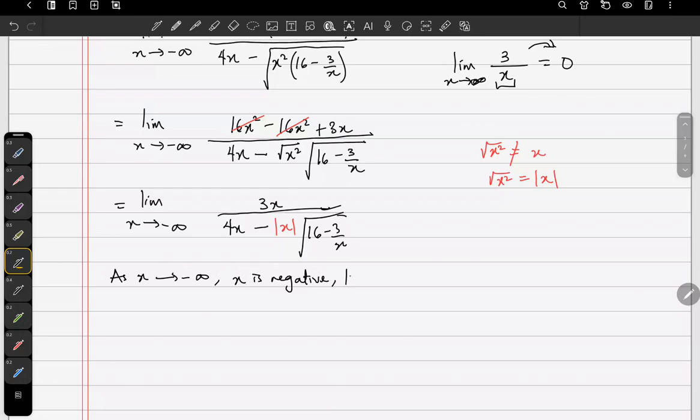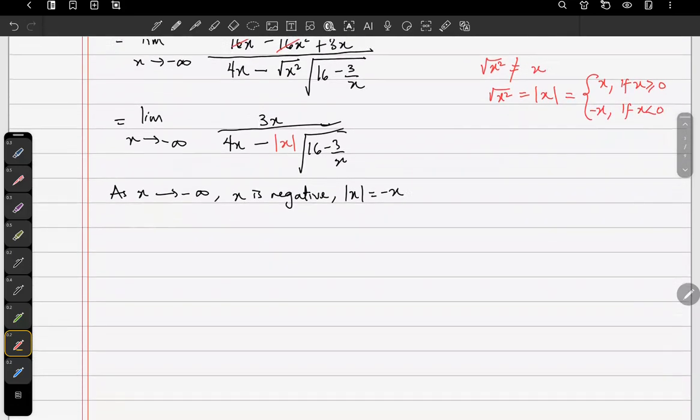So it means that the absolute value of x has to be equal to negative x, because we remember that the definition of absolute value of x is that it is x if x is greater than or equal to 0. That is, if x is positive or 0, we don't do anything to it. But if x is originally negative, we multiply it by negative 1. So that is negative x, and that's why we have this. So how does that influence what we're going to do?